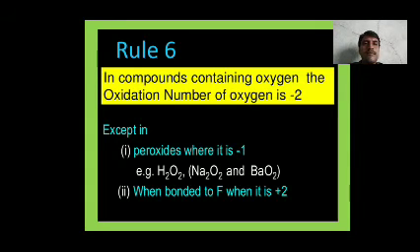Hydrogen present in a molecule generally has oxidation number plus 1. When hydrogen is combined with first and second group, it's minus 1. Oxygen's general oxidation number is minus 2.